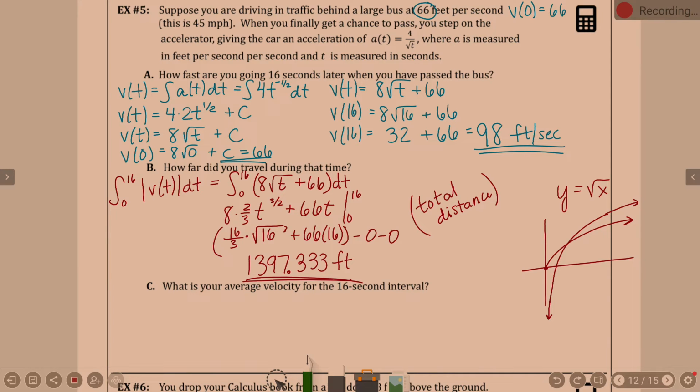I have two different ways we could do this. Is it final velocity minus initial velocity divided by 60? I guess you could think of it that way, in a way.